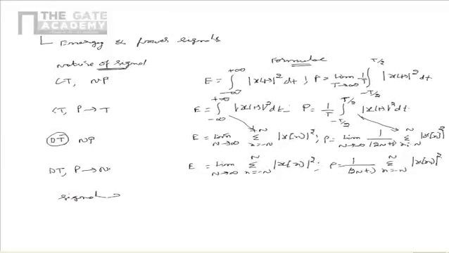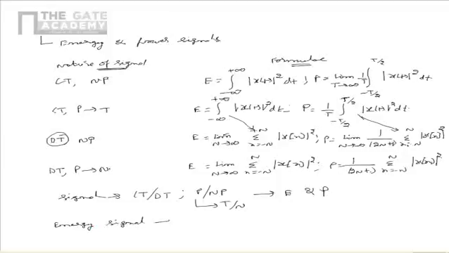So given a signal, first check if it is continuous time or discrete time, then check if it is periodic or non-periodic along with the period. Given this data, use the relevant formulae to calculate the energy and power of the signal. From this, we can define the energy signal and power signal as shown.